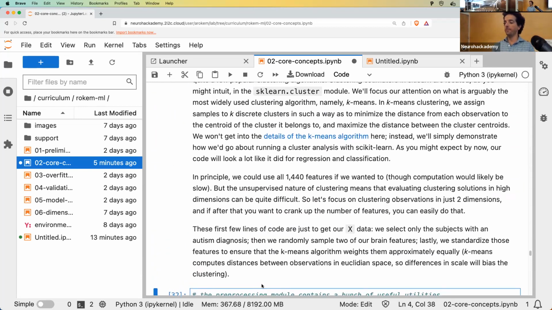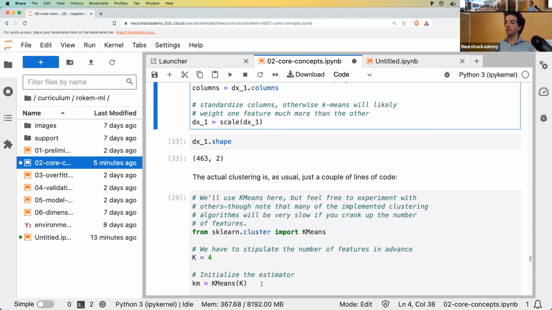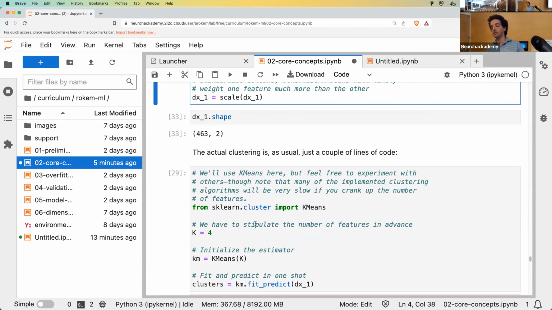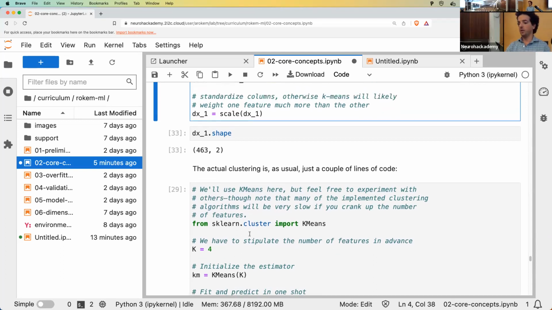k-means. In k-means, we have to stipulate the number of clusters in advance. And then the way this algorithm works, it's got these 2 features that it's working in. It plops down points randomly in the space defined by these 2 features.